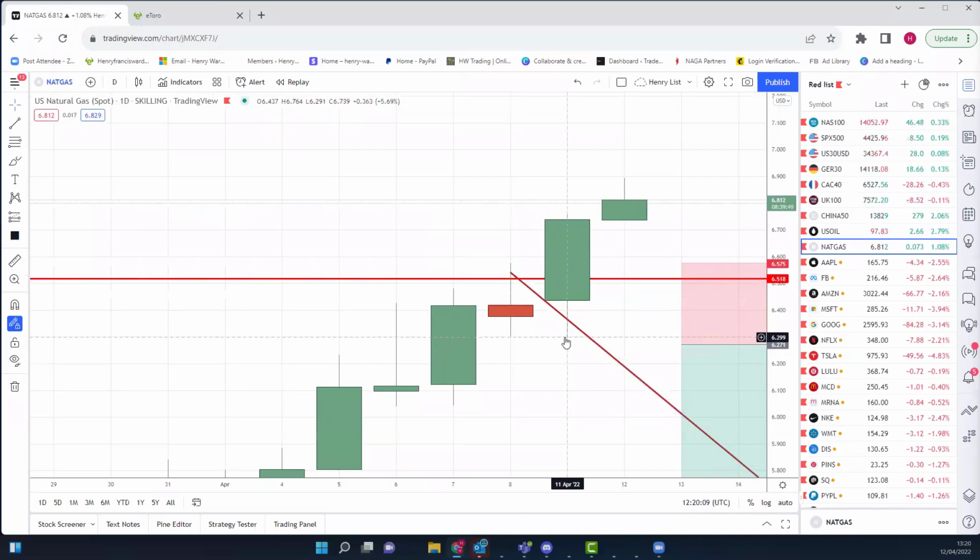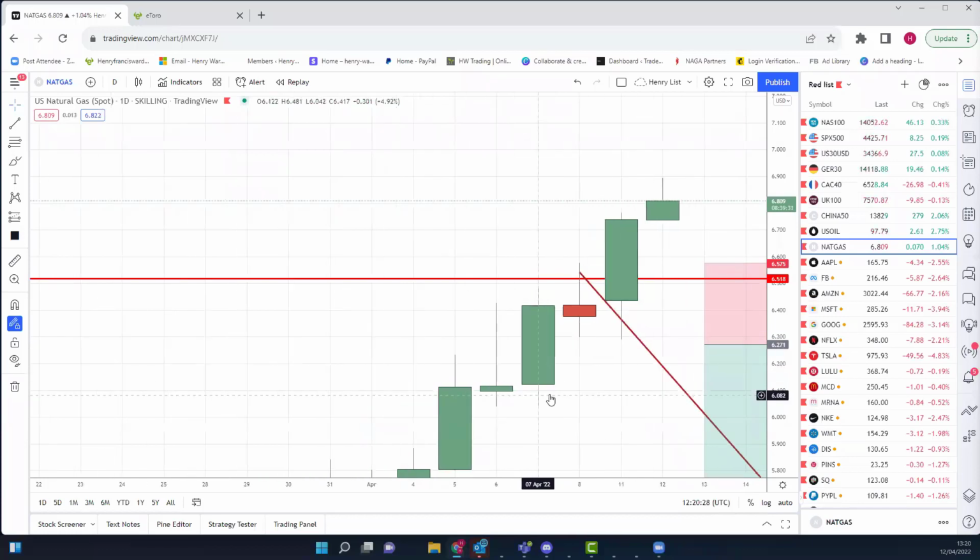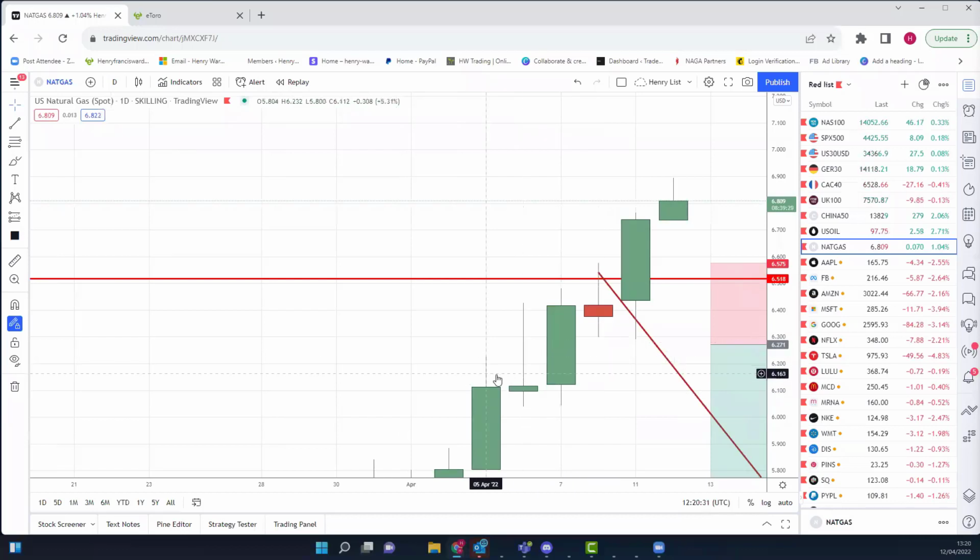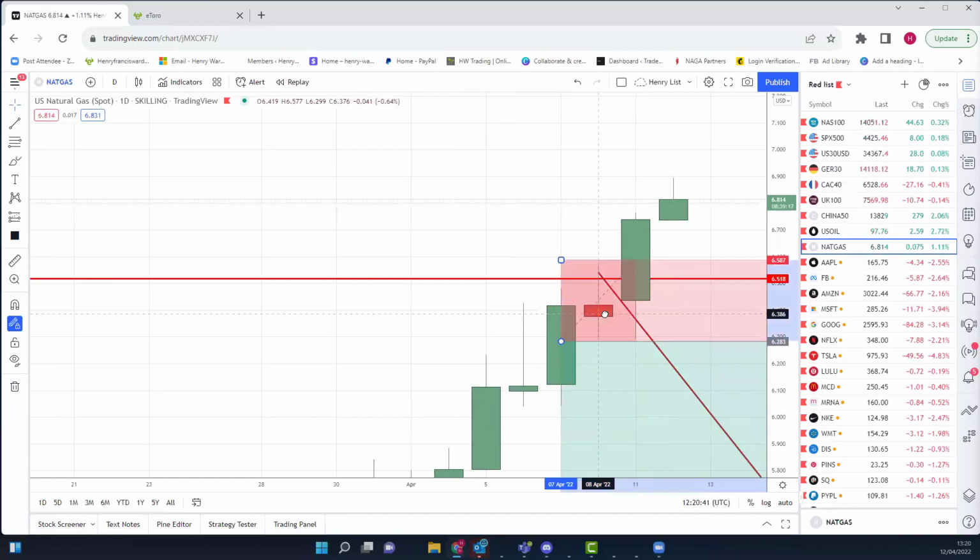This bar actually went a fraction lower than it, probably only a pip or two, and I was never triggered into this trade. So look, there's the low, right on this line, and this one goes below the line. So that meant my entry was there. My entry always goes a couple of pips below. And look how close I was.